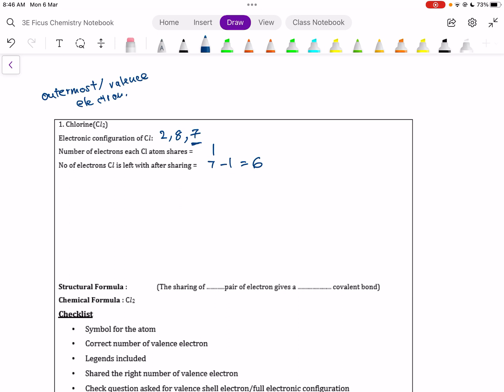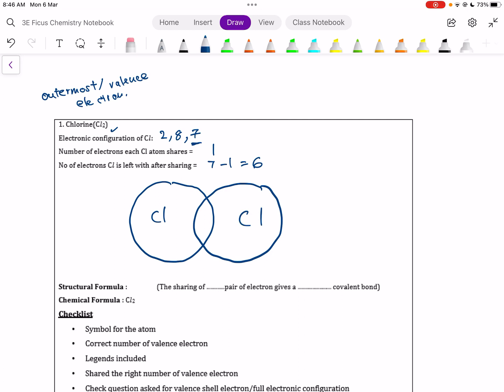So I have 2 chlorine, Cl2. I'm just going to draw the outermost shell. Make sure you draw a nice circle with enough space to put the shared electrons. Then, left with 6, I'm going to draw the 6 outside, the 6 crosses for this chlorine.